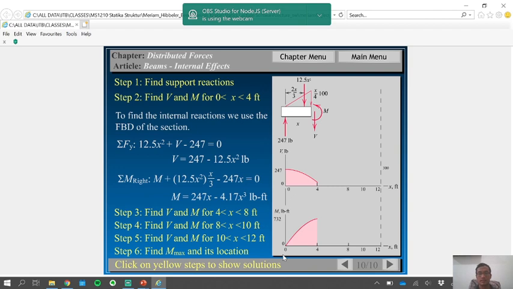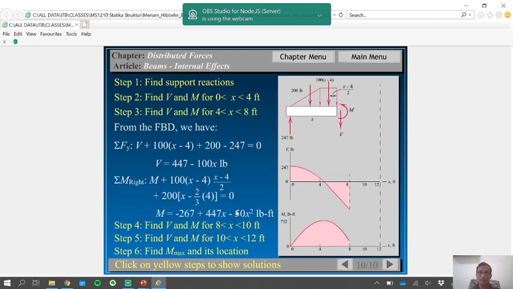That's the equation for V, this is the equation for M. In order for us to know the exact value at x equal to 4, you can substitute 4 into this, and the same, you can substitute 4 here to know the exact value at this point. After that, we continue with the second equation, from 4 to 8.